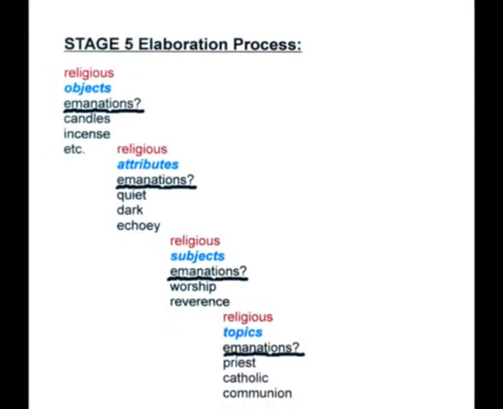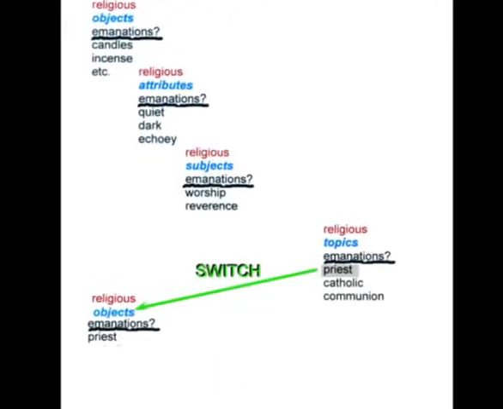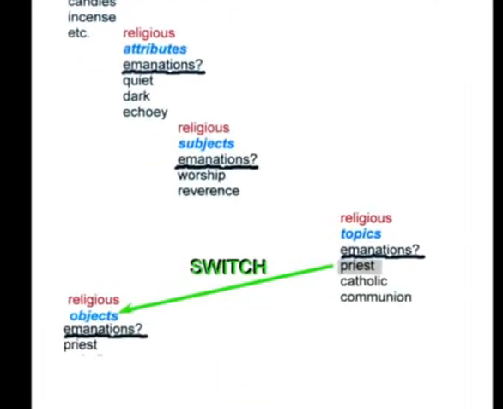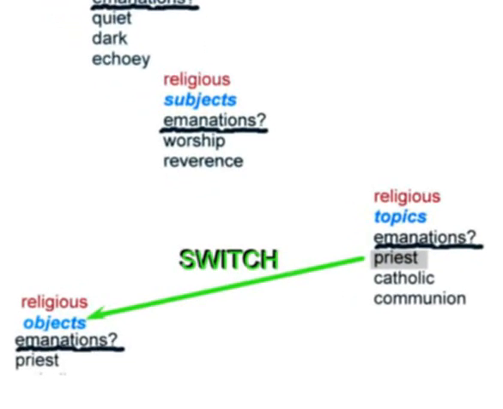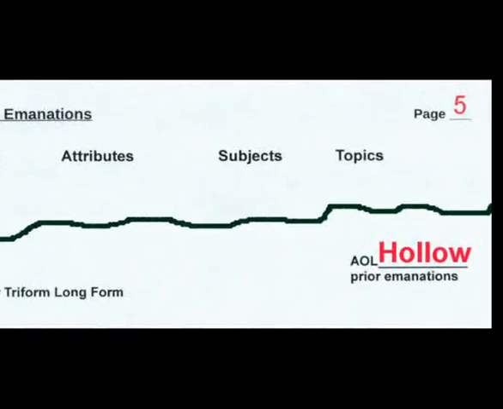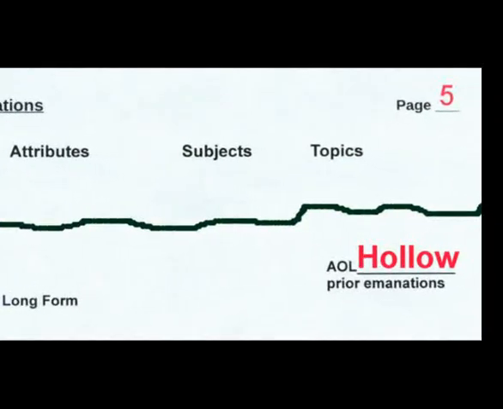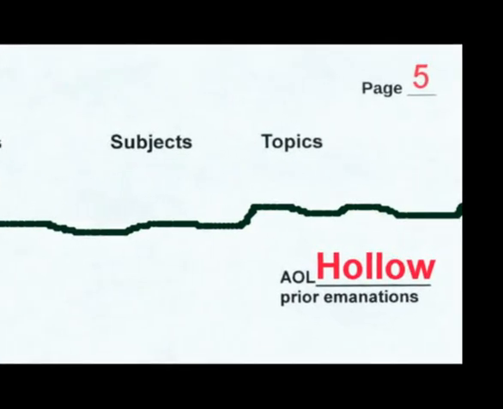When we're working on a word category in Stage 5 and we come up with a word that doesn't fit in that category, we will shift it over into the appropriate column and note it as a switch. Once you've developed words from the intangible and tangible lists, you can now go to develop the AOLs you may have encountered throughout your session and attempt to develop something significant from them.